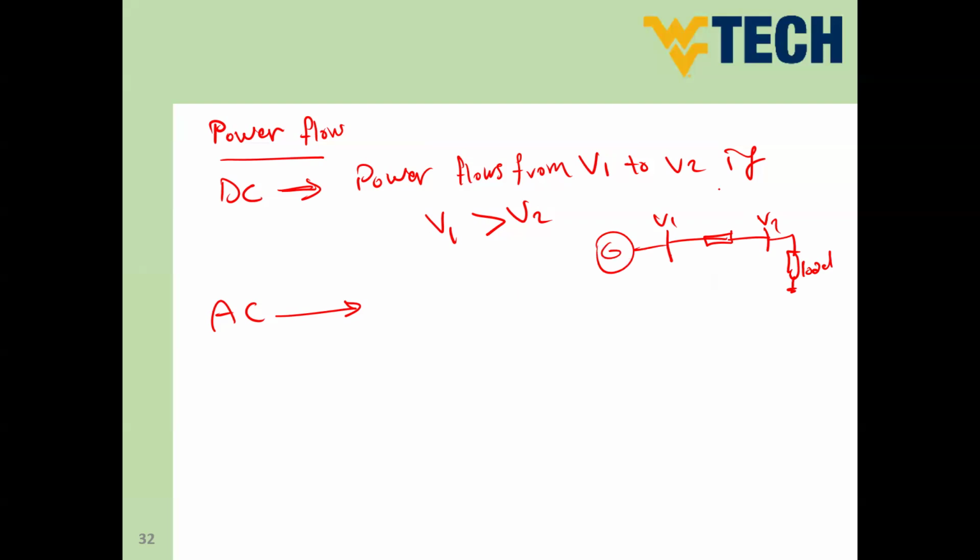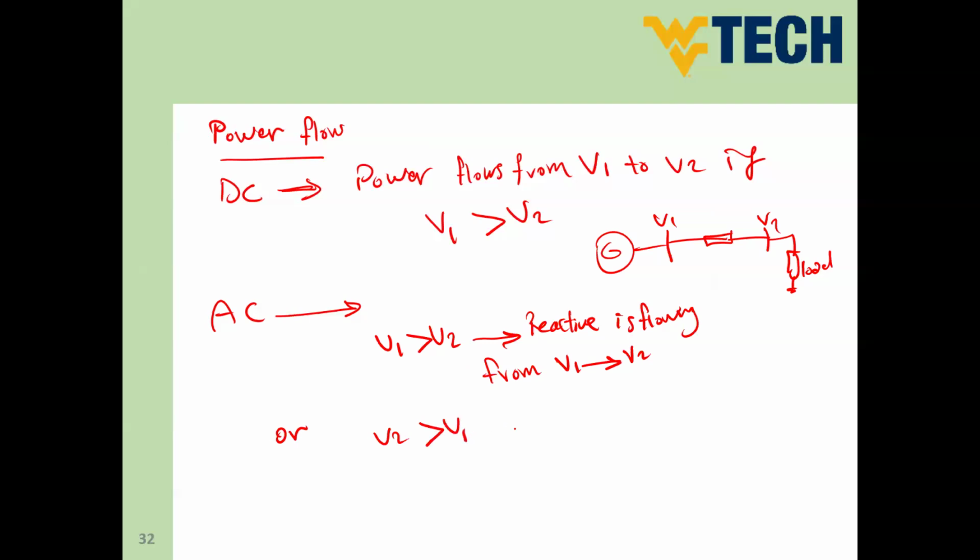So this condition is for DC. For AC, V1 greater than V2 and reactive power is flowing from V1 to V2, or V2 is greater than V1 and reactive power is flowing from V2 to V1.